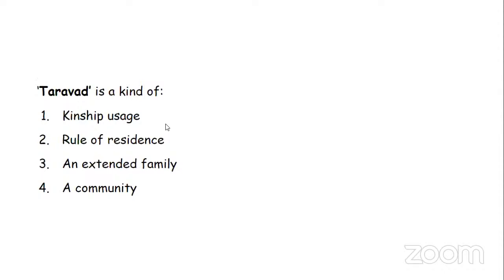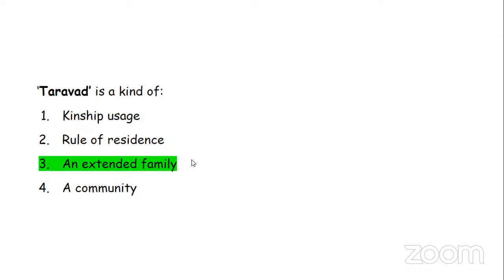Taravada is a kind of, is it a kinship usage or a rule of residence or an extended family or a community? What is a Taravada? Okay, let's check the answer. So a Taravada is a kind of extended family.